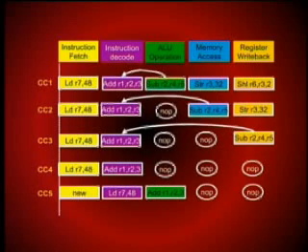So therefore, we see that a maximum of 3 no op instructions need to be inserted between the add and subtract. So this is the idea of what we call stalling.